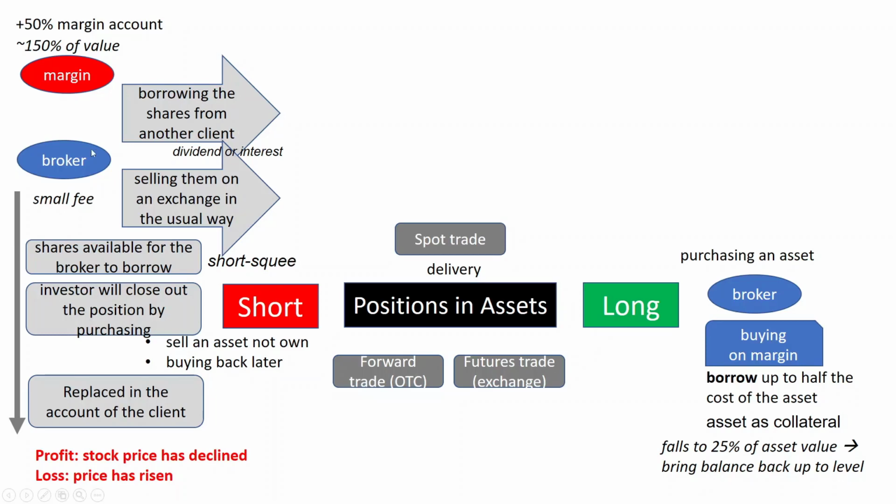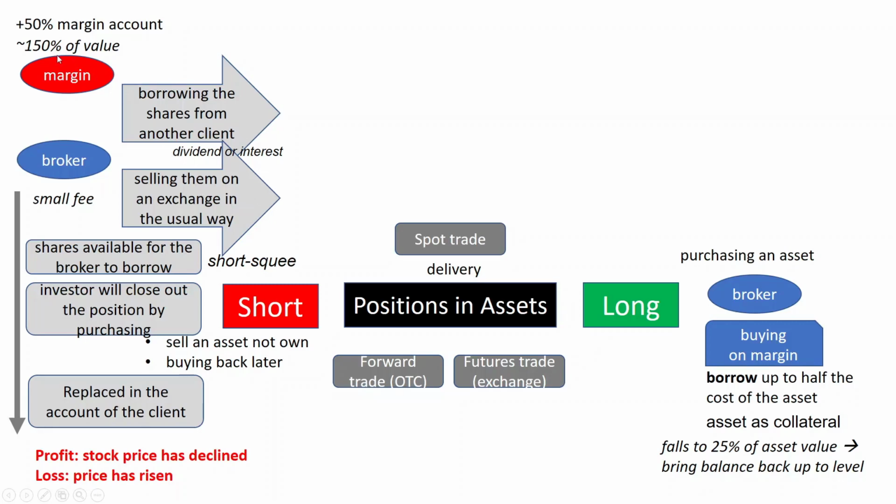So the broker should have this share from someone who has a long position, and after that sell it, and when the price goes down, buy it back and give it back physically. So the problem is that first of all you need someone who has this share, and also you have to be able to buy it back at a cheaper price, otherwise this contract will not work at all.